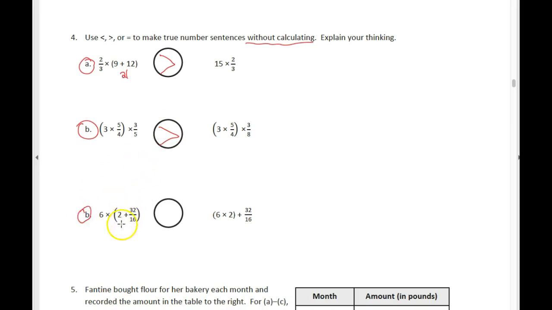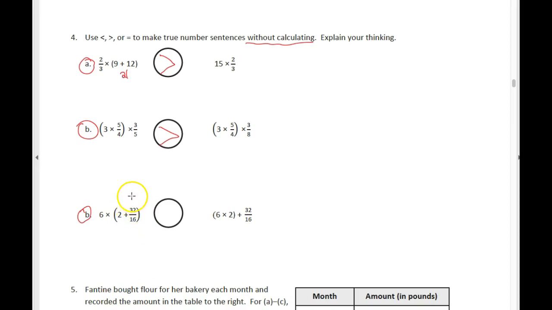So in this case, we know that we're taking a whole number and we're going to be multiplying it by that which is out here. So we're going to have 6 sets of 2's, and we're going to have 6 sets of 32/16. 16 goes into 32 twice, right?